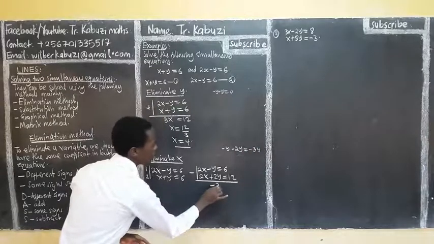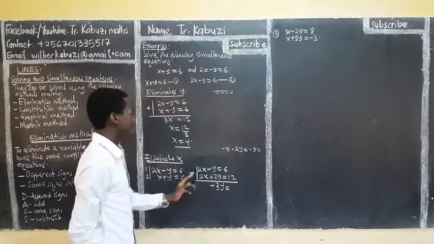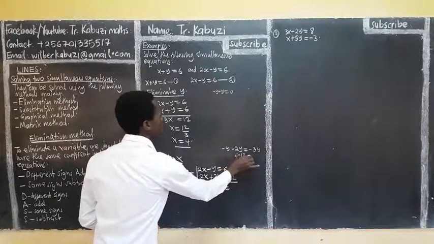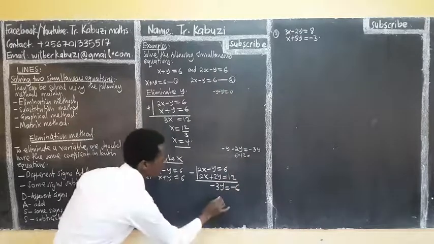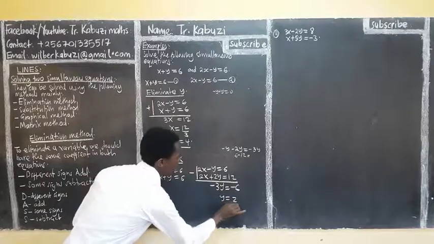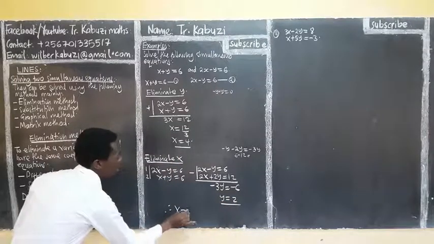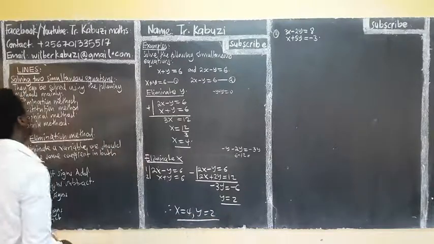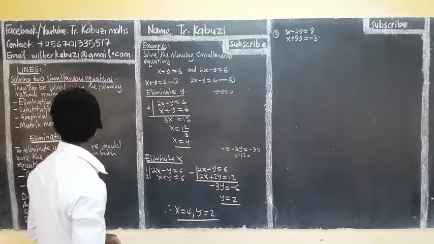So here I have negative 3y equaling 6 minus 12. 6 minus 12 will be negative 6. Divided by negative 3, my y will be 2. Therefore, my x is 4 and my y is 2, and I've solved those two simultaneous equations using the elimination method.